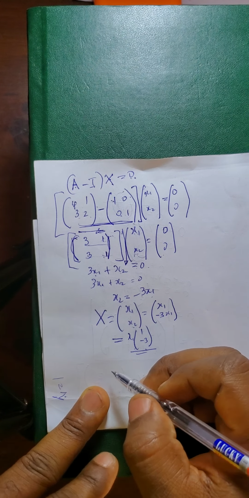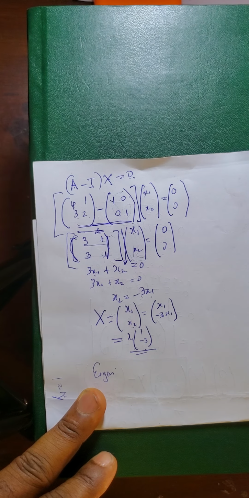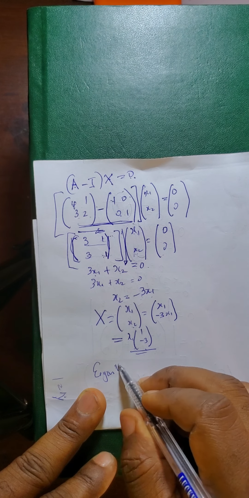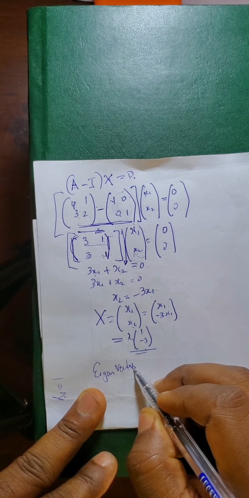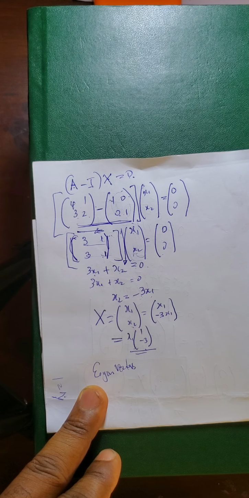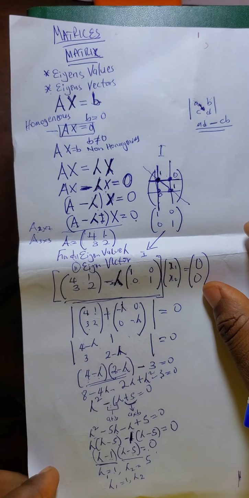So the eigenvectors that we have now: the first one that we got was 1, 1. The first eigenvector that we got was 1, 1, and this other one that we have here is 1 and minus 3.